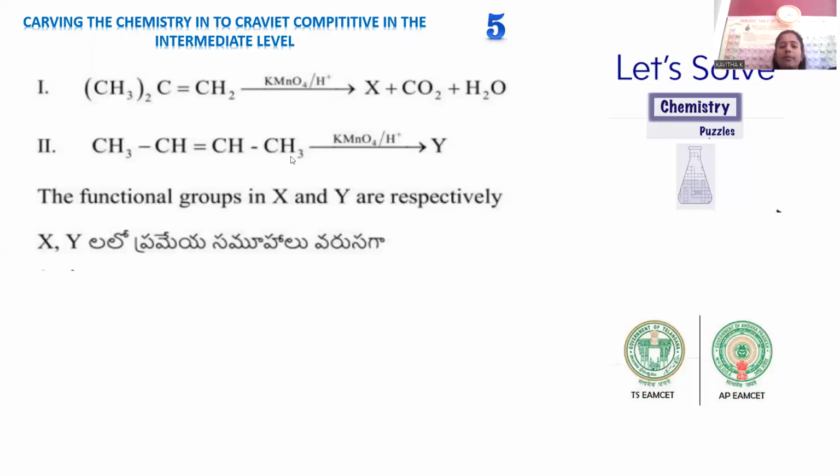And go with compound number 2 called 2-butene. Upon treating with potassium permanganate under acidified conditions, what will be the product Y? To get this one, let me cleave the double bond and add carboxylic acid on one side and carboxylic acid on the other side. Being a symmetrical compound, the 2 oxidized products are exactly the same.